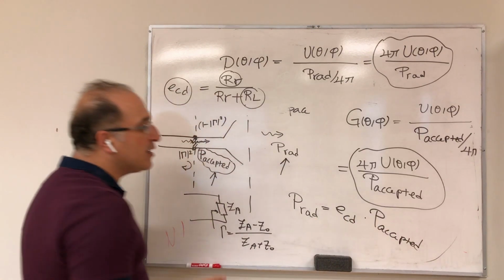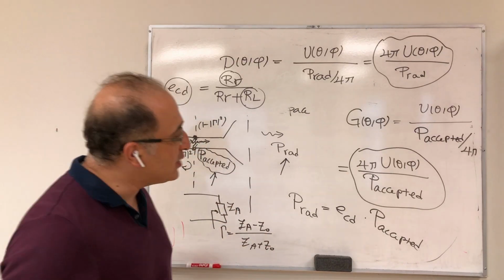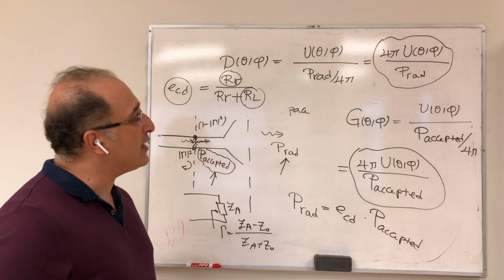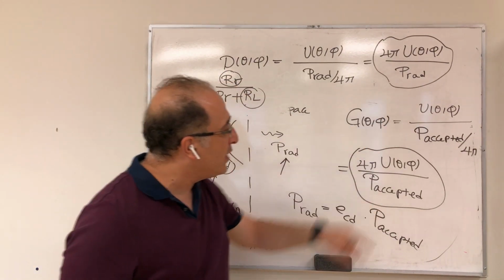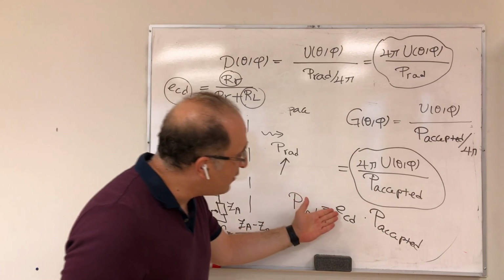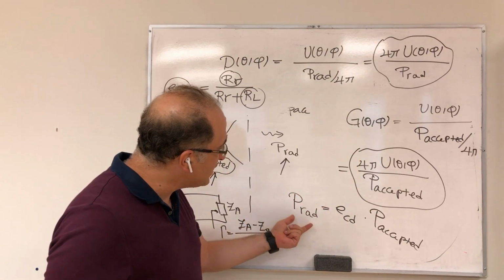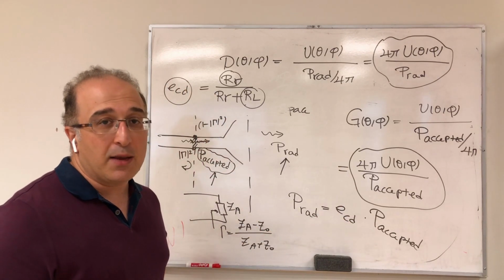So if radiation efficiency is 100%, in other words, if radiation efficiency is 1, then P radiated is equal to P accepted. And if that happens, directivity and gain are the same thing. But now, if efficiency is, for example, 40%, then of course, P radiated would be smaller than P accepted.